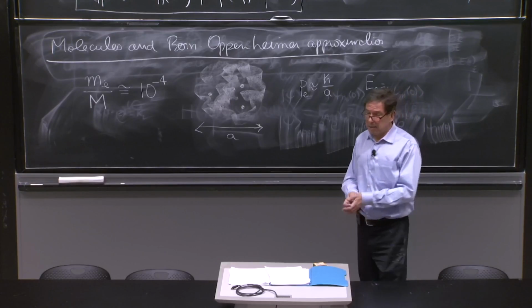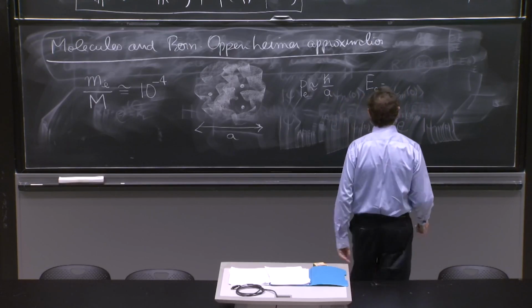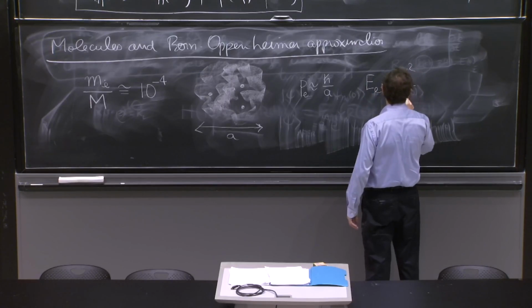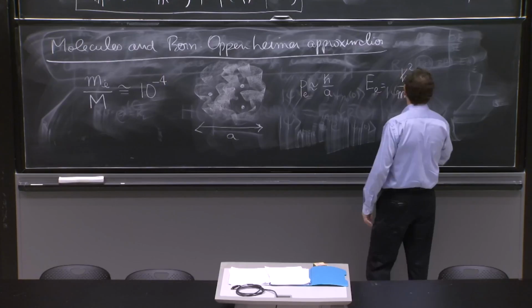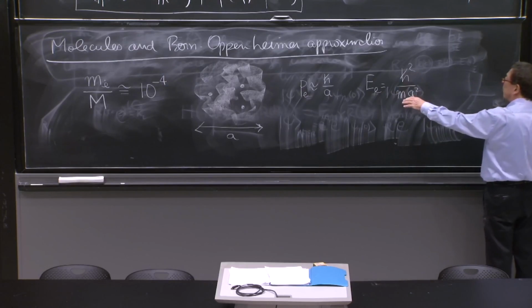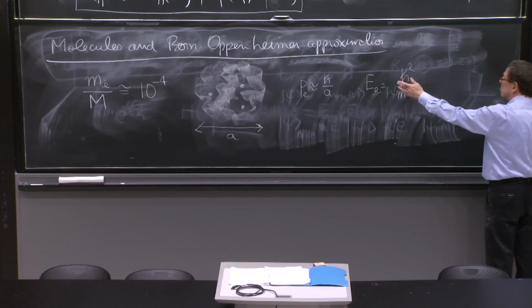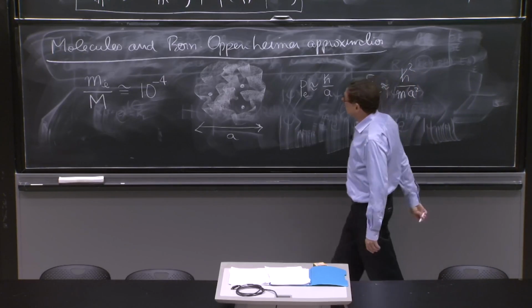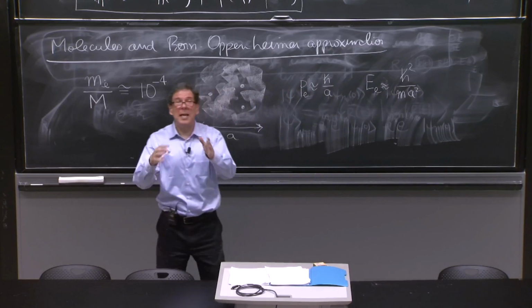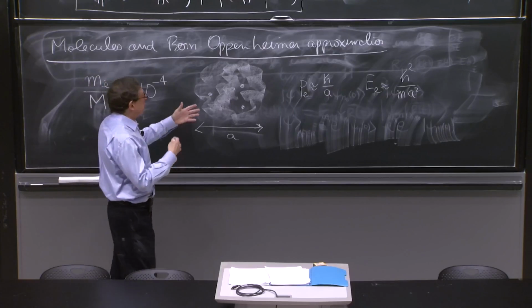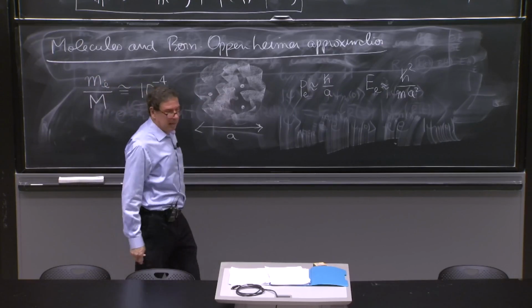Those are the electronic energies: h bar squared over m a squared. Those are the right units, since p squared over m is the natural unit. So this is the typical electronic configuration and electronic energy.